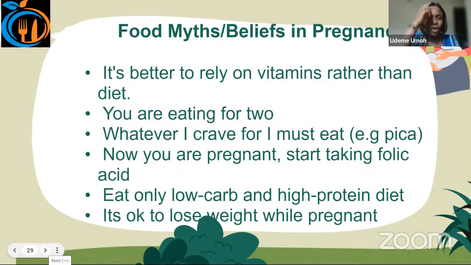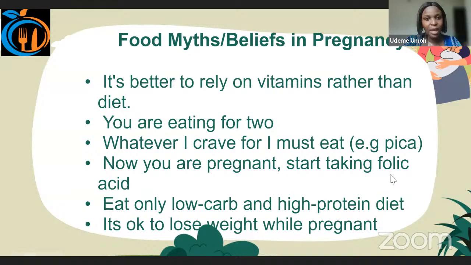I should not be asking you, what's your weight, and you say, the weight when I was single like 3 years ago. When you got married, you started eating anyhow you like in your husband's house, not checking your weight, just eating. So it's important to know that it's not okay to lose weight while you're pregnant, because you already have a life you're trying to protect and take care of.